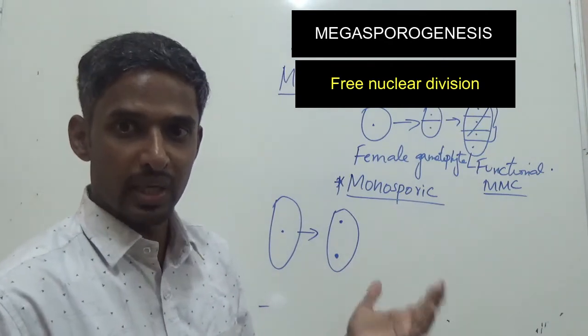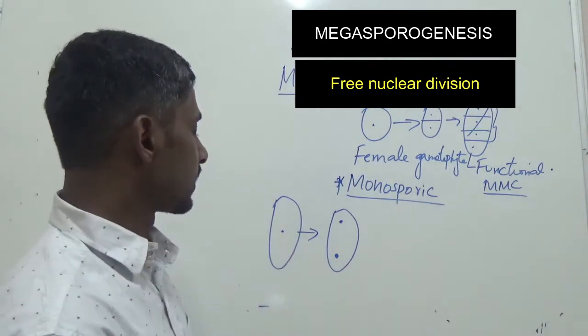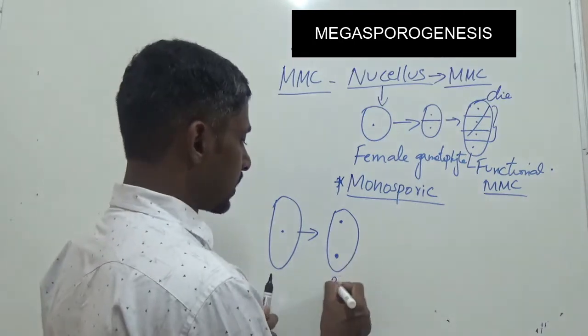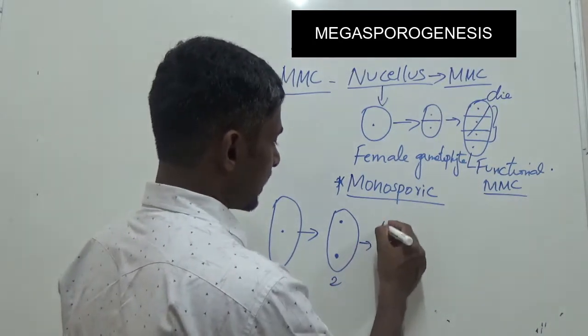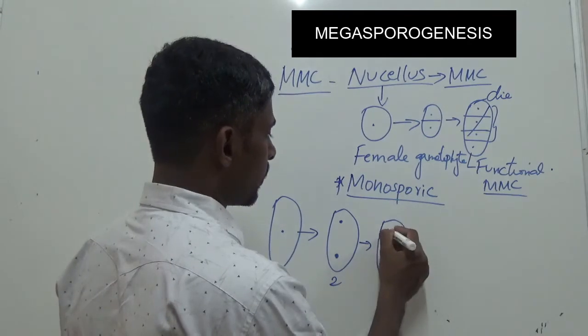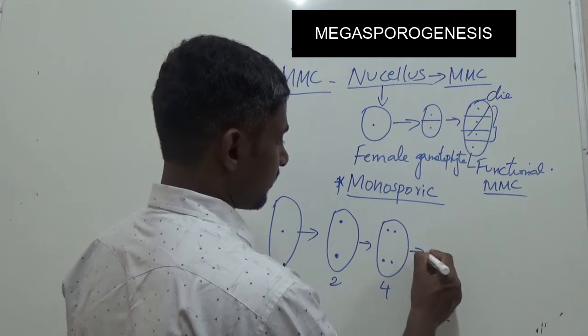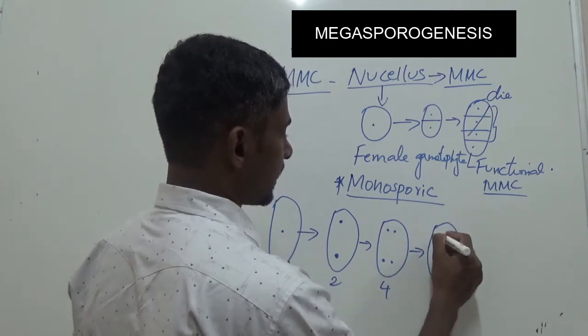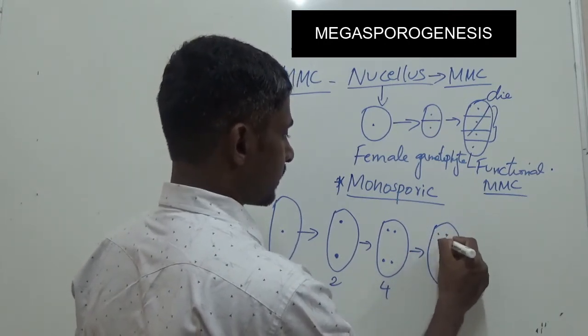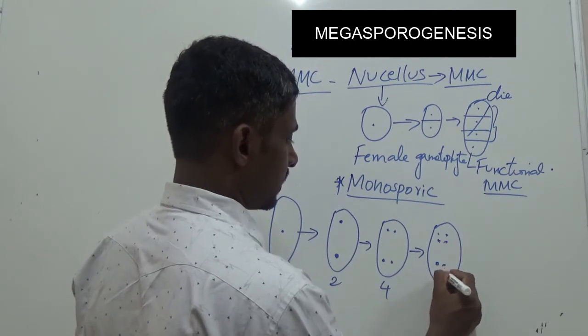It will happen but not immediately, and therefore from one nucleus we get 2 nuclei, and this will again undergo mitosis. From 2 we will get 4, and then from 4 we will get 8. 1, 2, 3, 4.